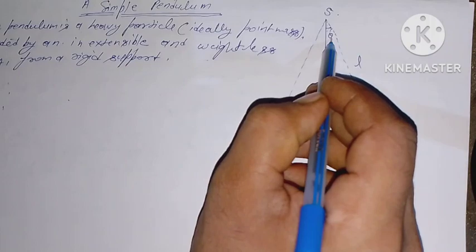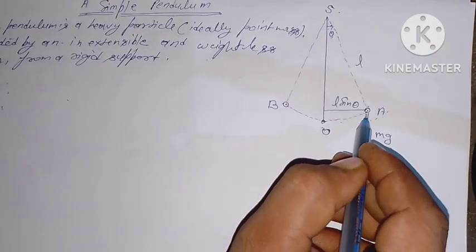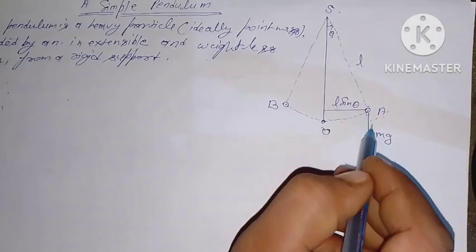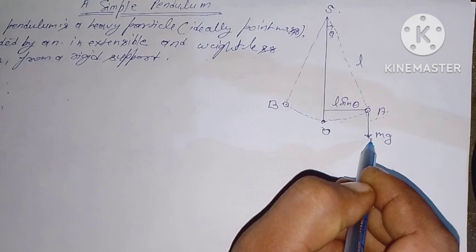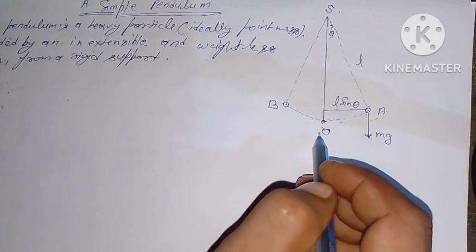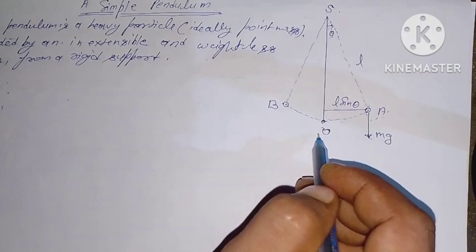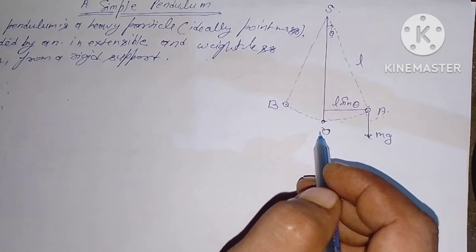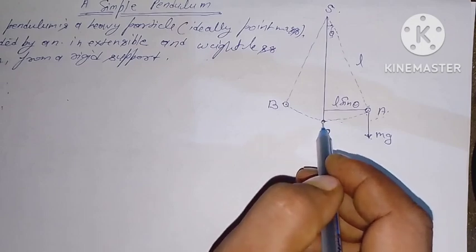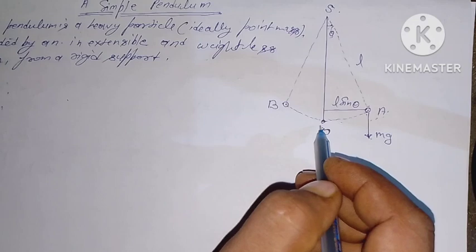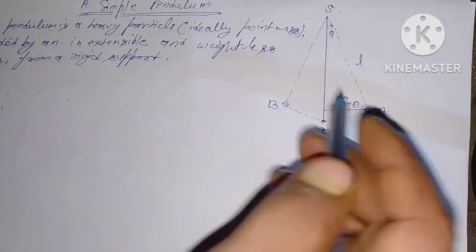Then the weight mg, acting downwards, exerts a torque of minus mgl sin theta about the point of suspension, tending to bring it back to O. The minus sign indicates that the torque is oppositely directed to the displacement theta.